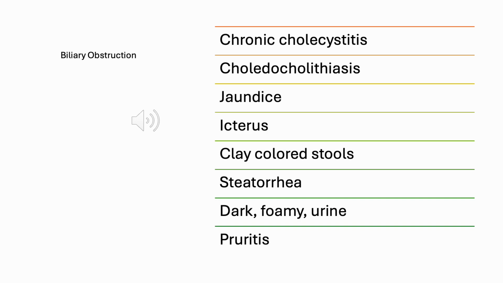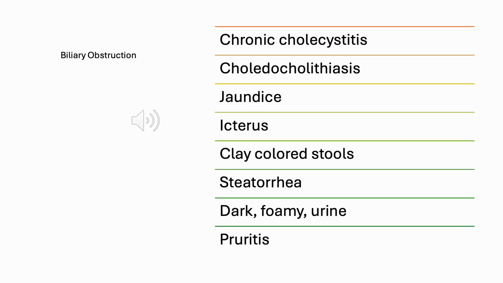Biliary obstruction occurs in chronic cholecystitis and also choledocholithiasis. If you recall, I talked about it earlier. It refers to a gallstone being trapped in the common bile duct. When there is biliary obstruction, the flow of bile is obstructed. So the patient is going to become jaundiced.